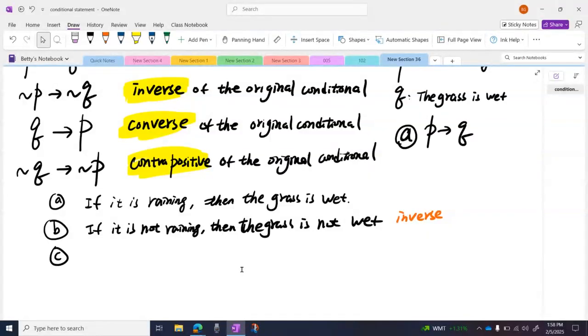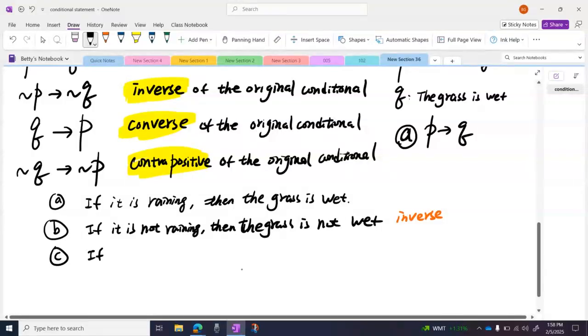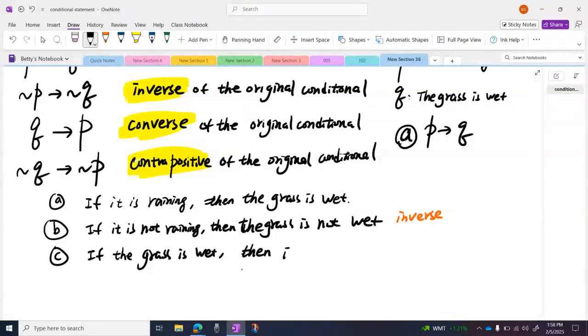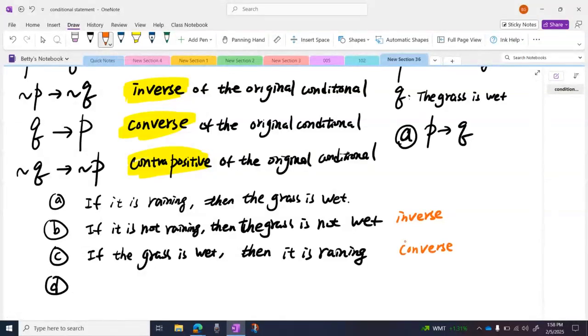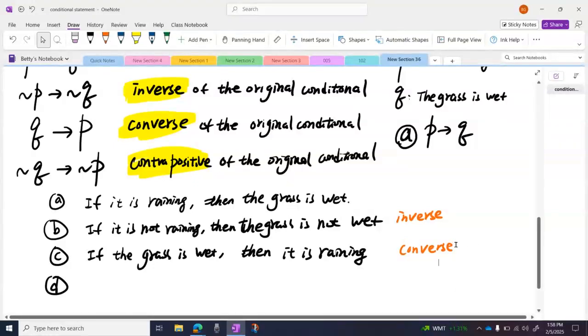So the converse of A would be: if the grass is wet, then it is raining. That's the converse. B is the inverse of A, C is the converse of A.